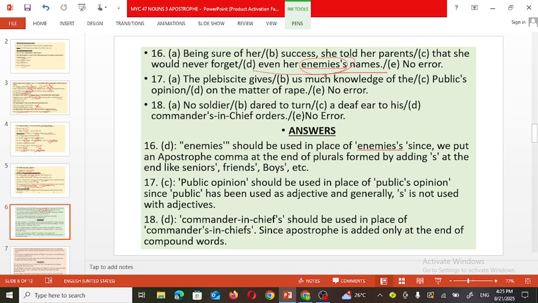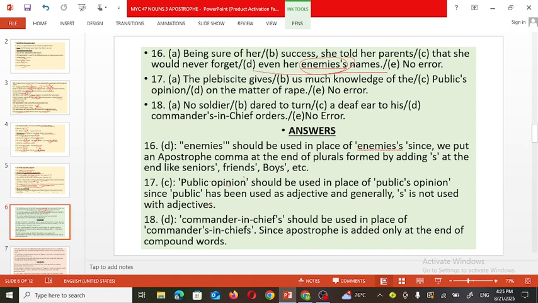As we have discussed the rule of the apostrophe sign, after that s there is no need to use s again with the apostrophe sign. Only that sign is needed. So here the error is in the D part. "Enemies'" should be used in place of "enemies's", since we put an apostrophe at the end of a plural form formed by adding s, like seniors', friends', boys', etc.